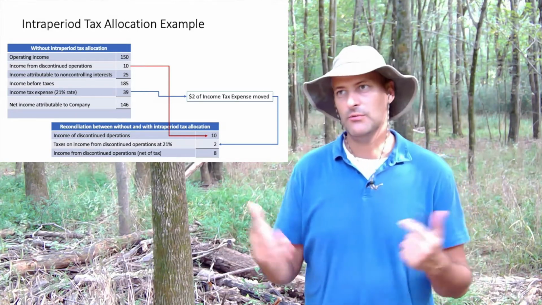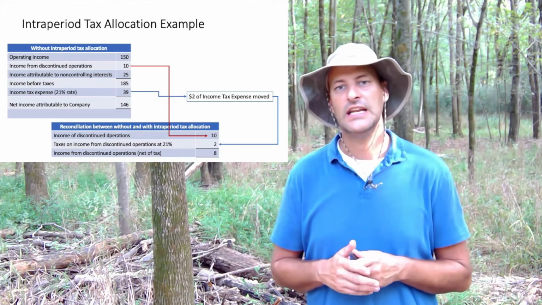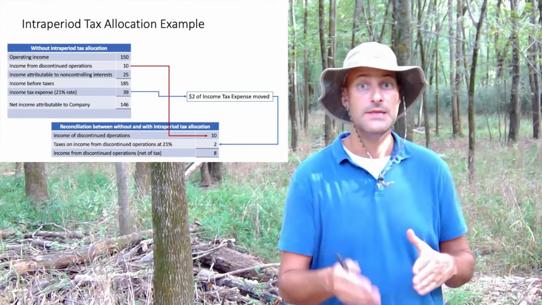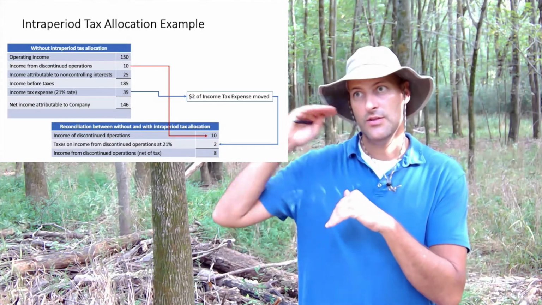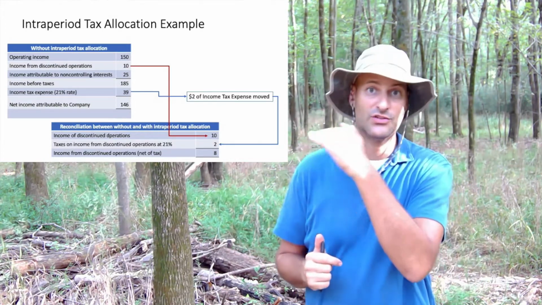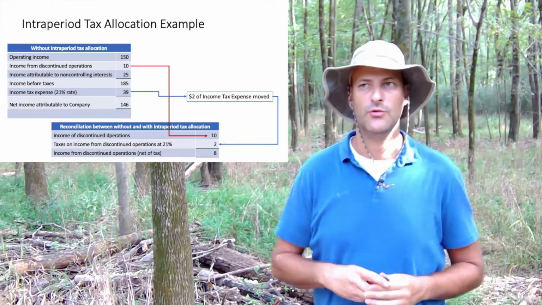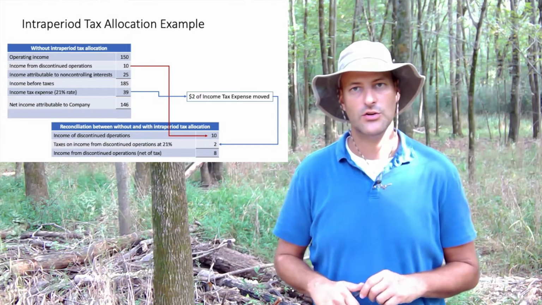So roughly $7.90, or round up, so we'll say $8 is income from discontinued operations net of tax. We've taken the tax out: the amount of income from discontinued operations minus the amount of taxes based on the tax rate gives us income from discontinued operations, net of tax.